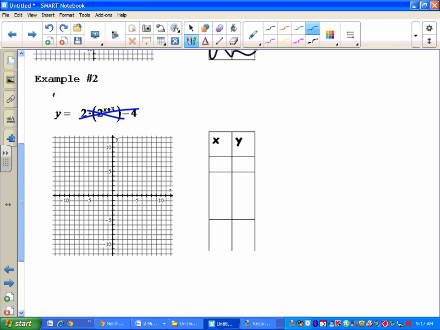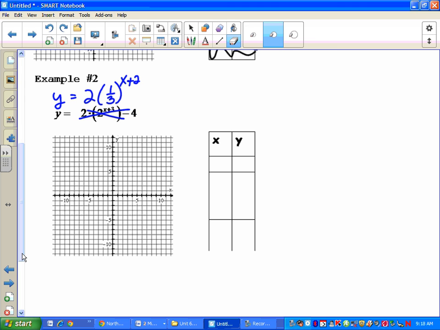Y equals 2. Let's put a 1/3 to the power x, plus 2, and then minus 3. Minus 3, sorry.